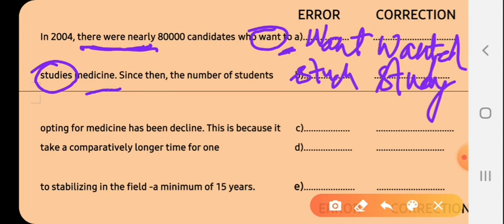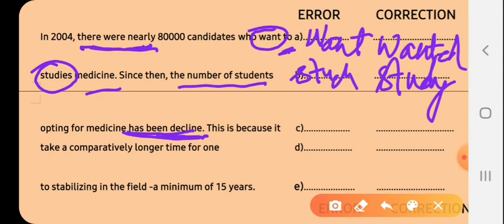Now it's clear. Since then, the number of students, only one error in one line. Students opting for medicine has been decline. Has been is present perfect continuous tense.